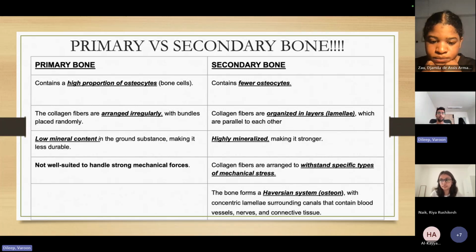It's just a framework for the mature bone that needs to be formed. Secondary bone is the strong bone which will be able to handle the mechanical stress. The last point about the secondary bone is that this bone basically forms the Haversian system or the osteon, which is made up of concentric lamellae which surround these canals. Now I know this sounds confusing, but the next image will make this easy to understand.